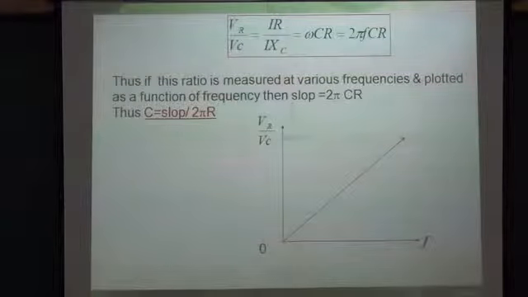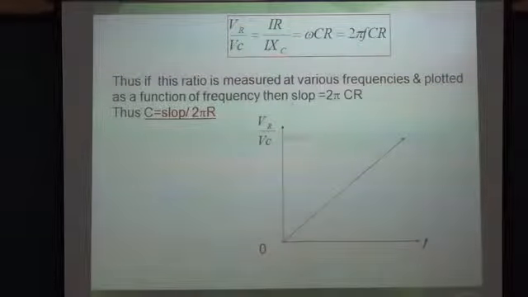So C is equal to slope upon 2 pi R. So I can find out the value of C. That is what your experiment is. So connect the circuit like RC, measure VR and VC at different frequencies, plot the graph, and do the calculation to find out the value of C.